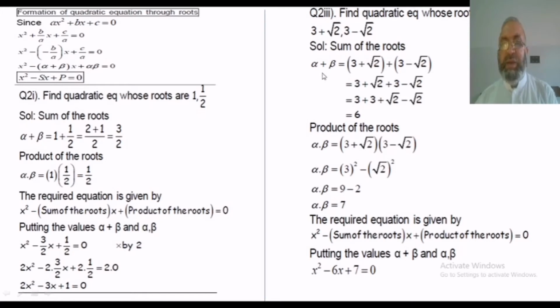Thus the two results, the sum of the roots and the product of the roots, are known. By putting the sum and product in the relation, the required equation is x square minus sum of the roots into x plus product of the roots is equal to 0, or simply x square minus sx plus p is equal to 0. So x square minus the sum of the roots, that is 6x, plus the product of the roots, plus 7 is equal to 0, which is the required equation.